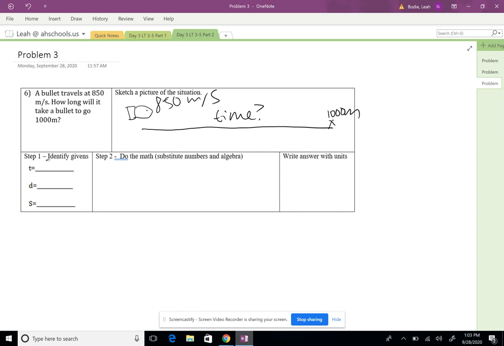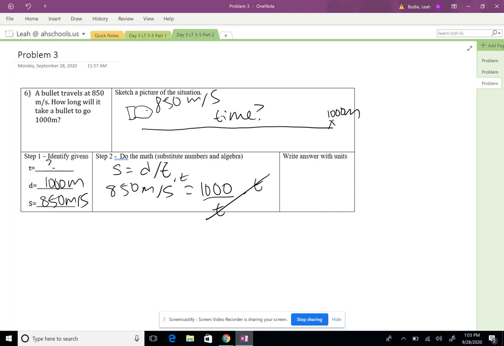So our time again, that's what we're wondering. Our distance is 1,000 meters, and our speed is 850 meters per second. So again, speed equals distance divided by time. So now we substitute in 850 meters per second equals our distance of 1,000 divided by time. So now we'll multiply by time to both sides here.